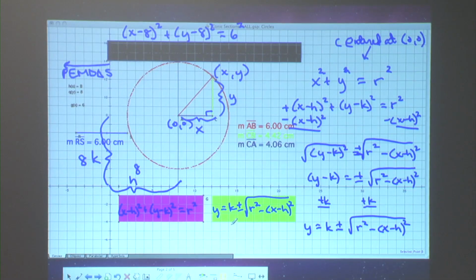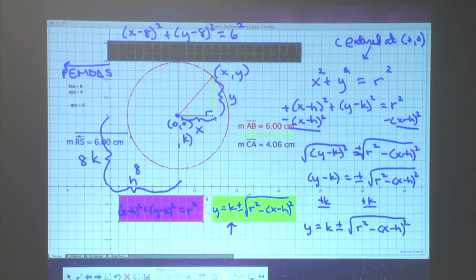We're pretty much usually going to use this one, just because it's easier for us to graph and things like that. What does the K stand for? Which Y? The K stands for the Y value, yes, but it stands for the Y value of our center of our circle.